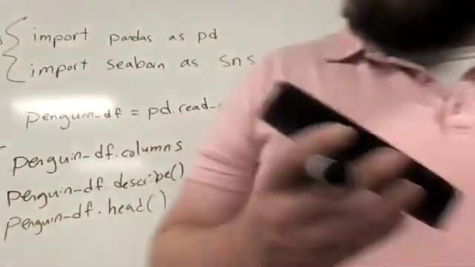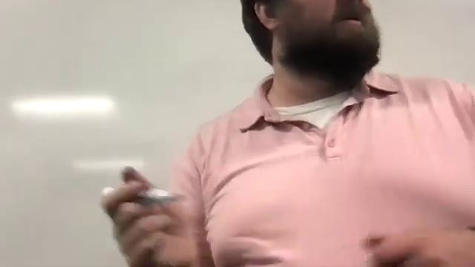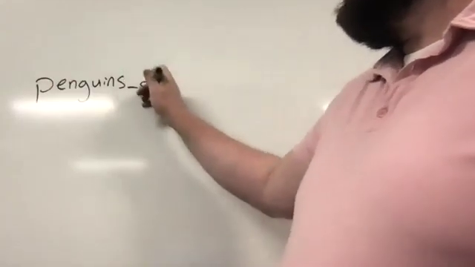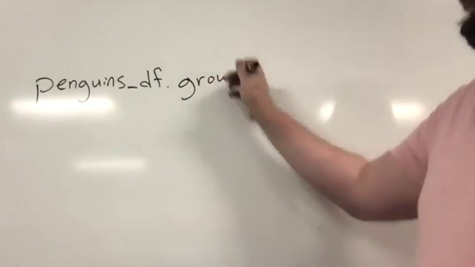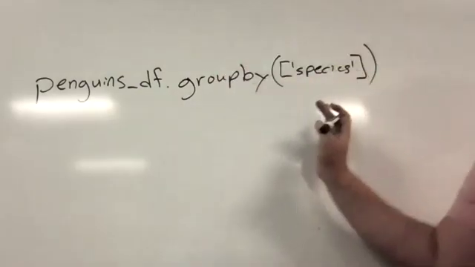So we're going to do a short deep dive on how we would find the species that has the longest bill on average. penguins_df.groupby, and then we're going to group by the species. That is one command that just groups the data by species.